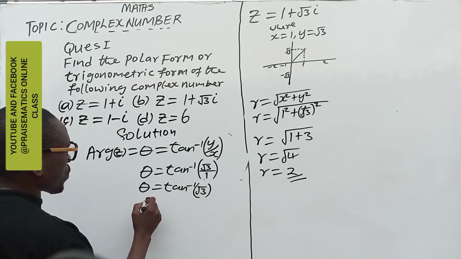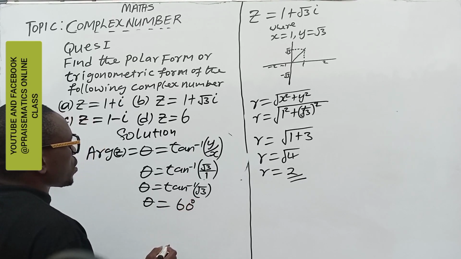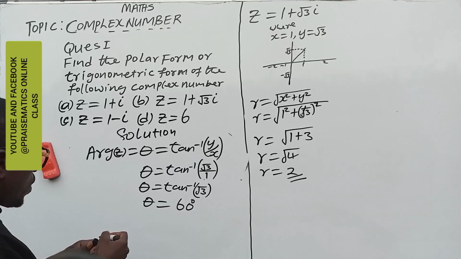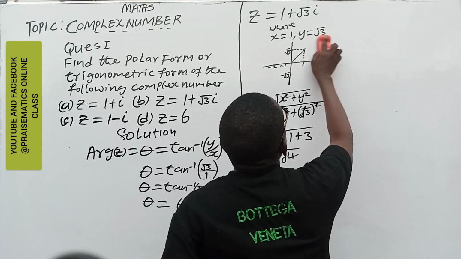And tan inverse of root 3 is equal to 60 degrees.